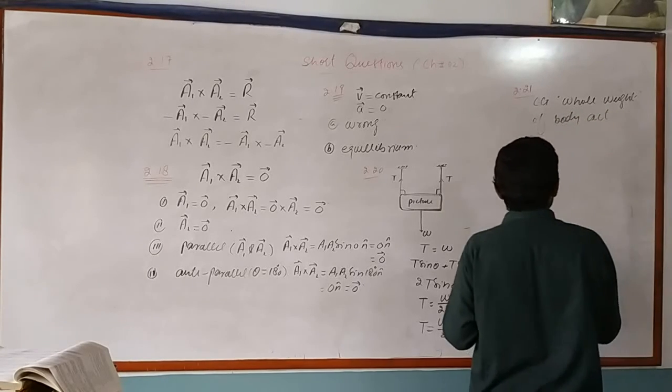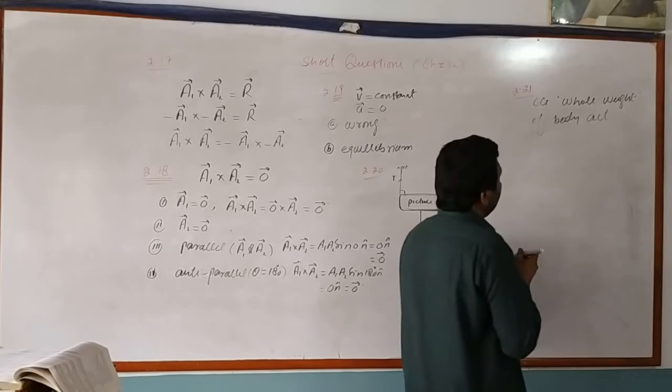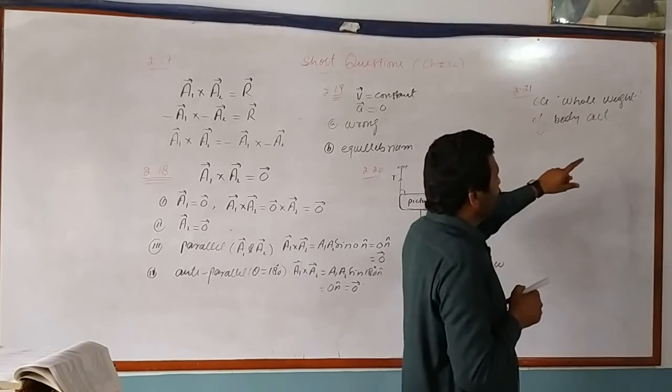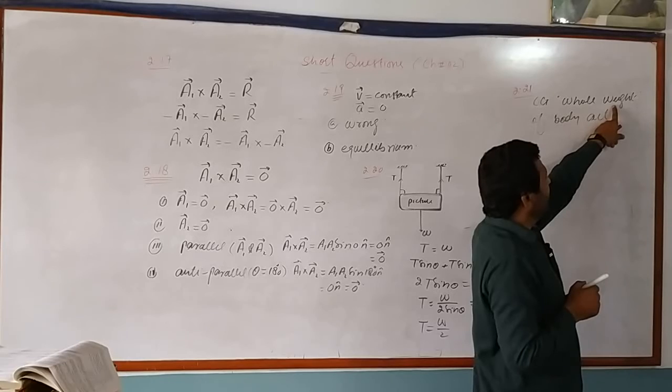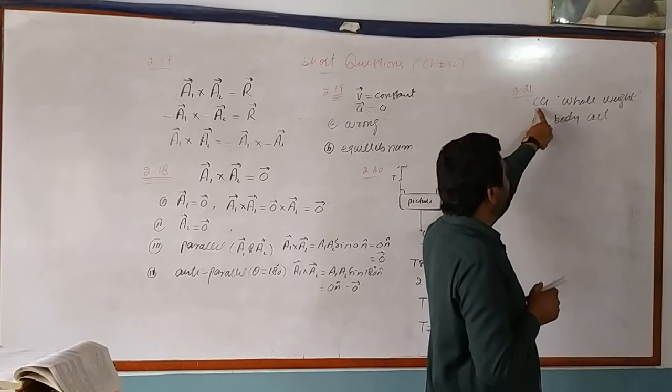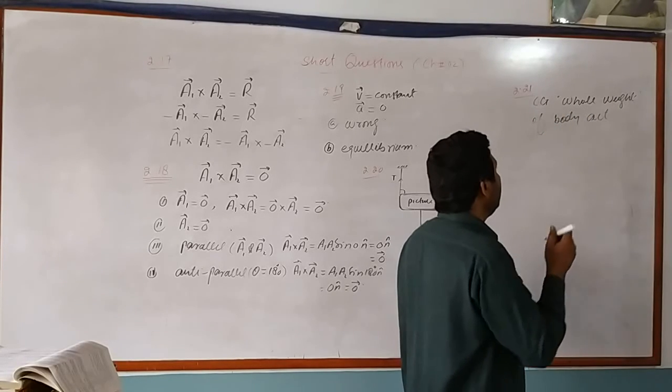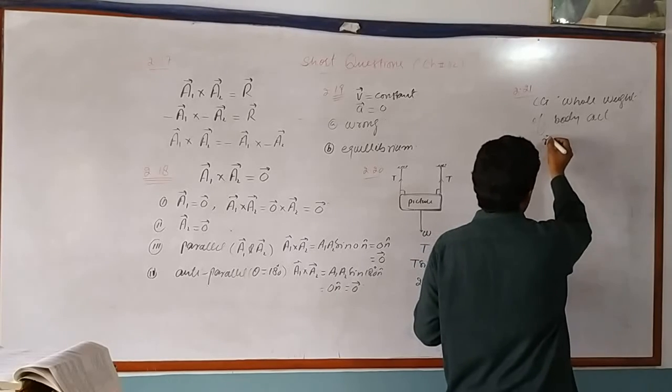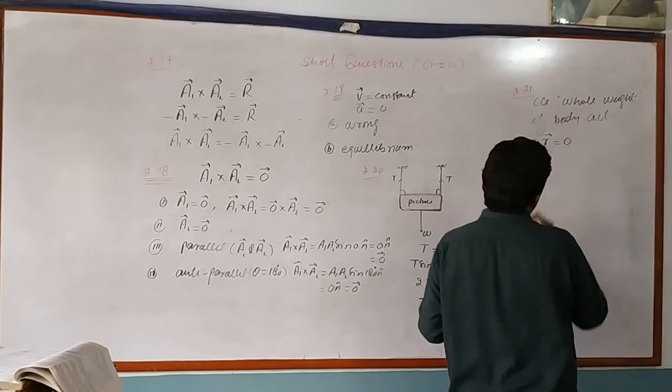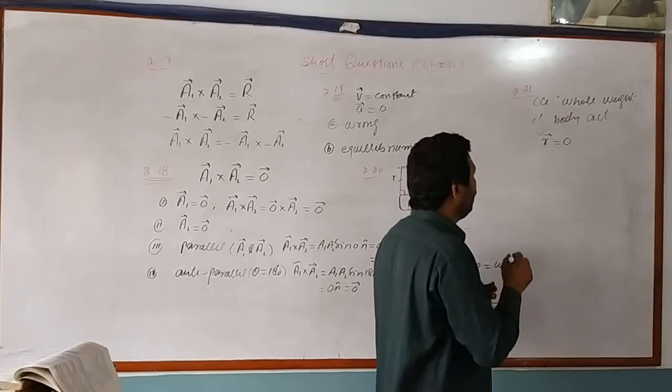So, in this case, the weight, meaning the gravitational force acting on the body, passes through the center of gravity CG. Hence, r will be equal to 0. Vector r equal to 0 means moment arm r will be equal to 0.